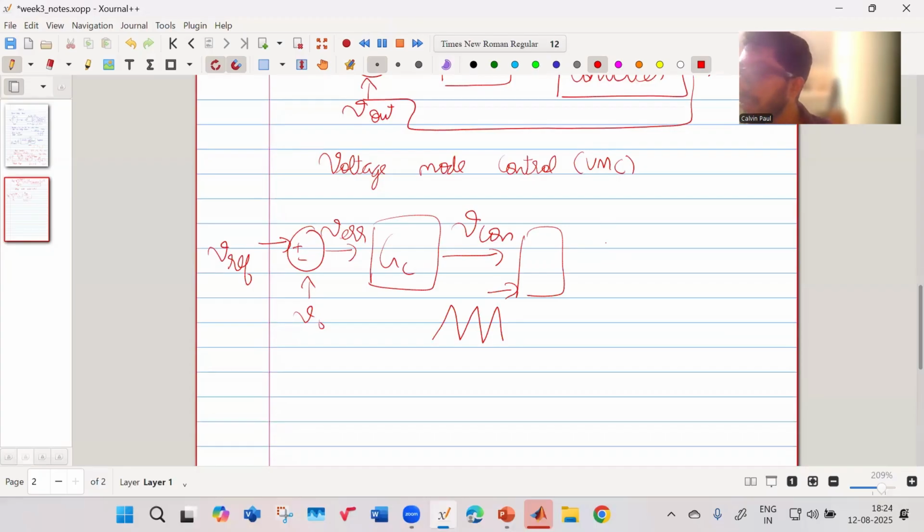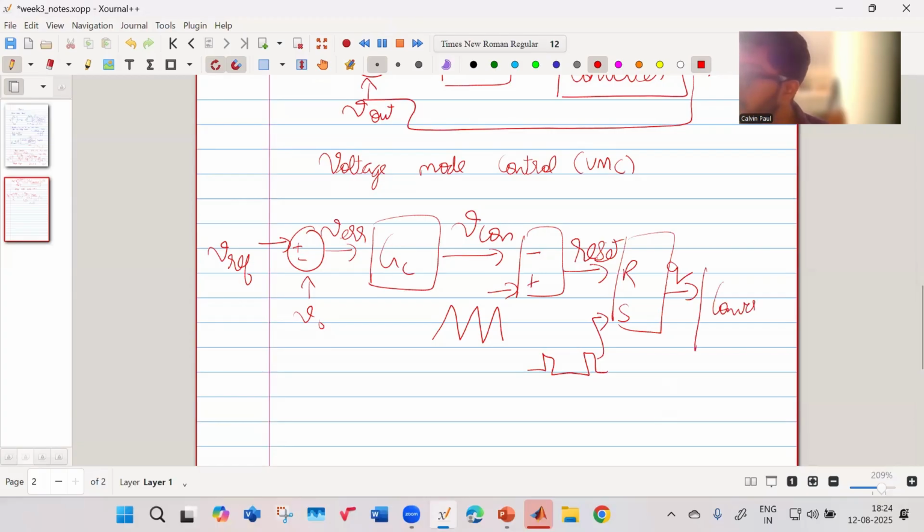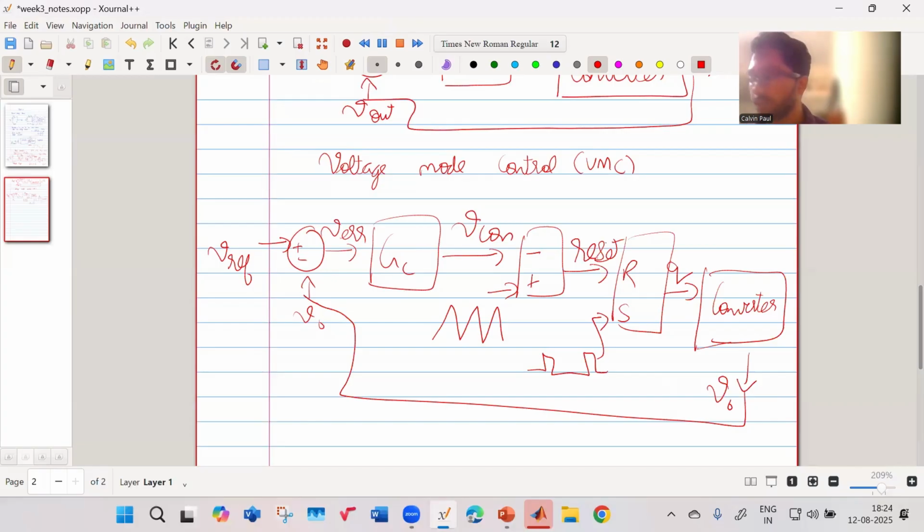When your ramp becomes more than your vcon, you get a reset signal that goes to your R, and you get a set pulse every time period. This generates your Q, your gate signal, which goes to your converter, and that in turn generates your output voltage, which in turn comes here. So this is your mechanism for voltage mode control.